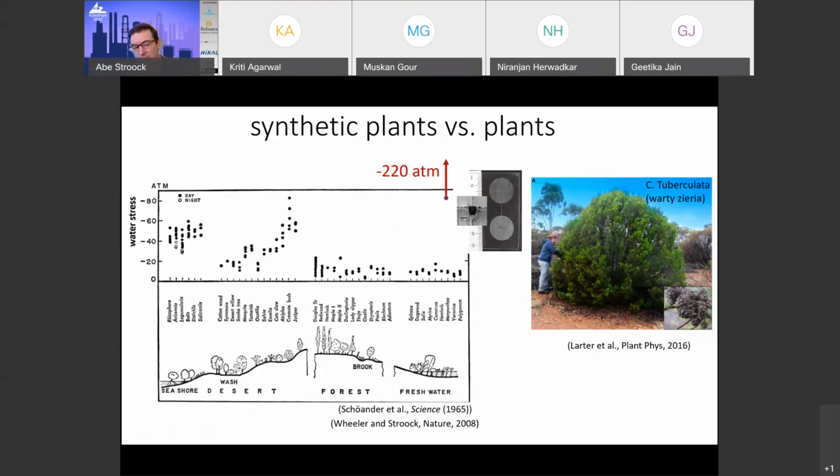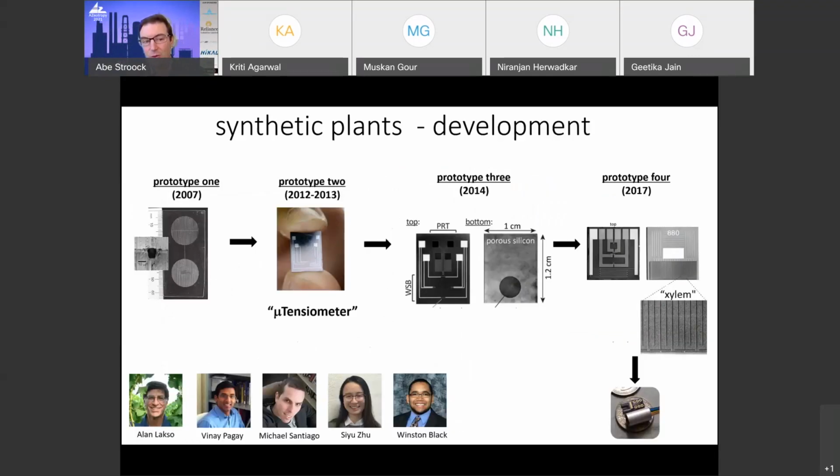And so we have looked to using this stress to explore various scenarios and to build technologies. Over the last 12 plus years, we've taken this plant-inspired concept and turned it into various formats, including a technology that I will tell you about more.